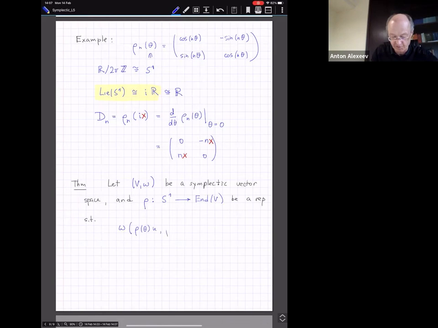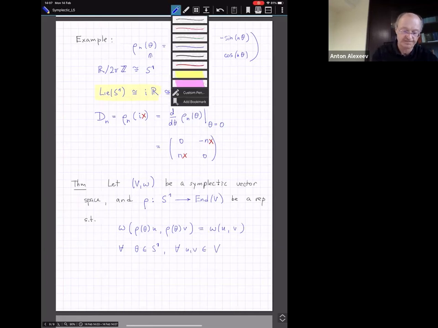So what does it mean? That means if you move your vectors by the group action, the symplectic form doesn't change. Right?